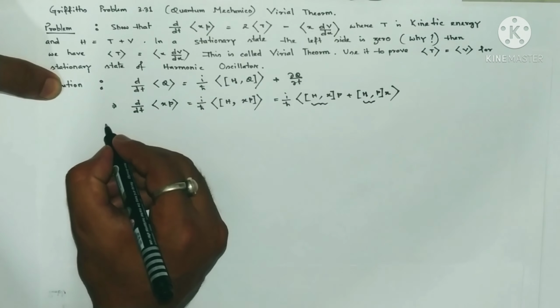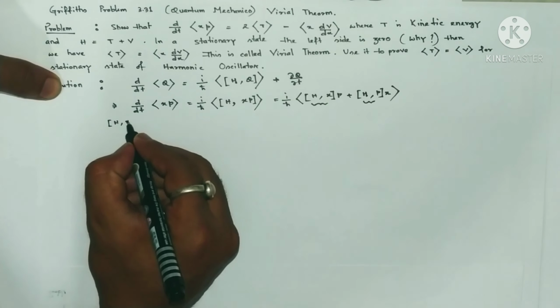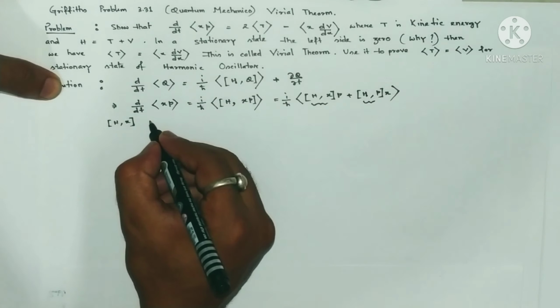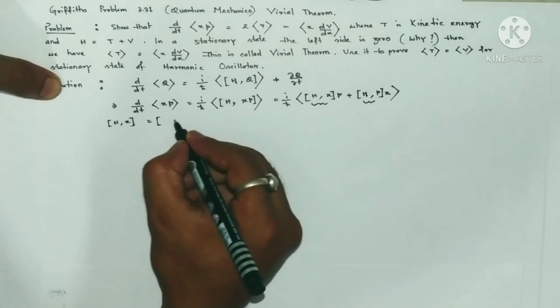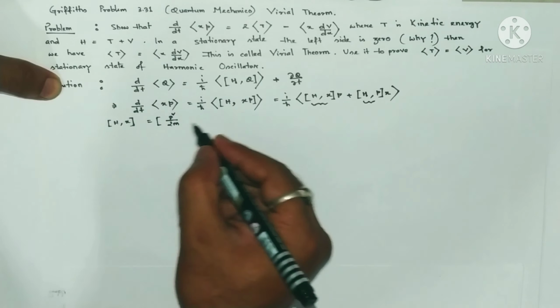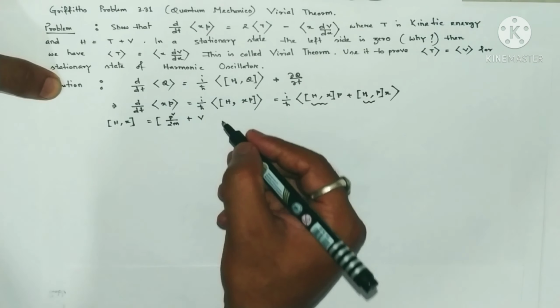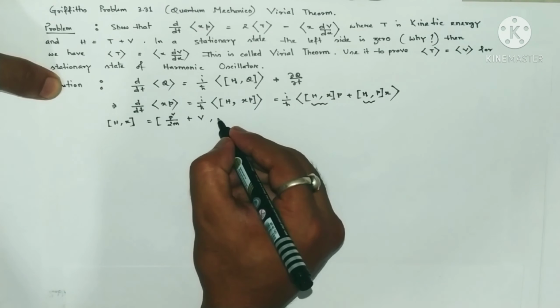So firstly let us find the commutator of H with x. The Hamiltonian can be written as the momentum operator squared by 2m plus a potential which is dependent on x, comma x.